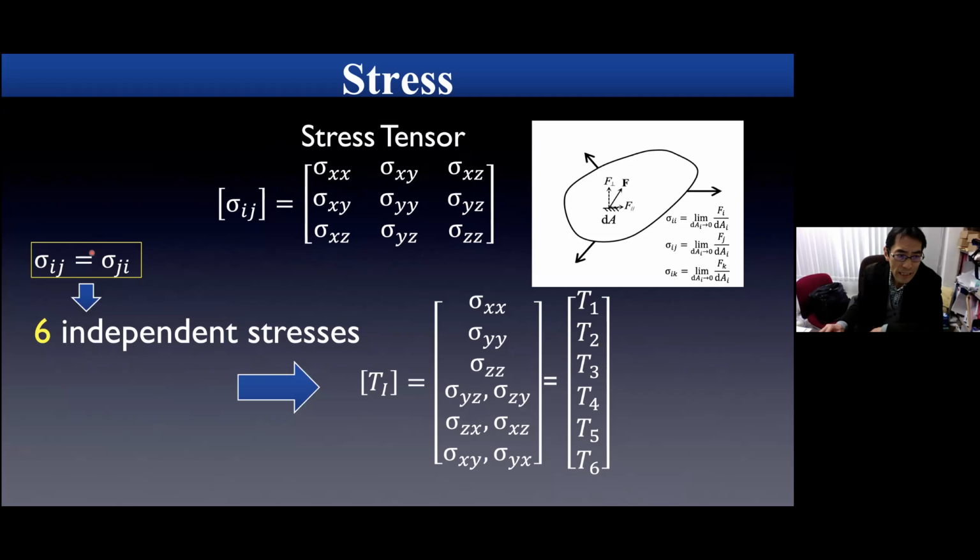However, we can easily prove that the stress tensor is symmetric, so that sigma ij equals sigma ji. Therefore, there are only 6 independent stresses: sigma xx, yy, zz, yz or zy, zx or xz, and xy or yx. These 6 stress components are denoted by T1 to T6.